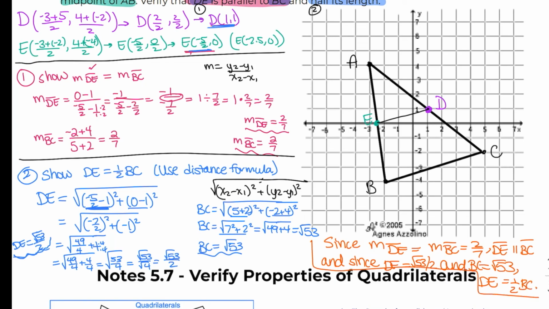And this right here is our final solution. We've verified these properties here.